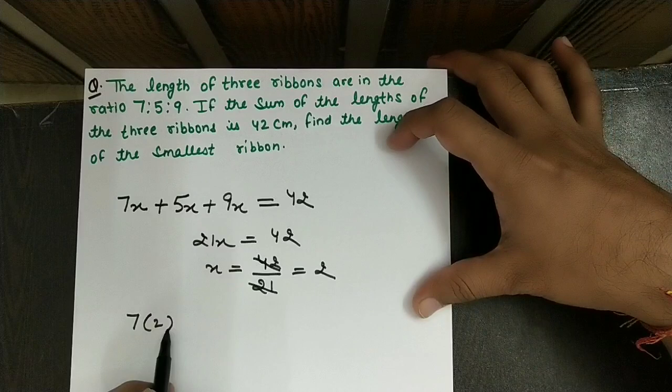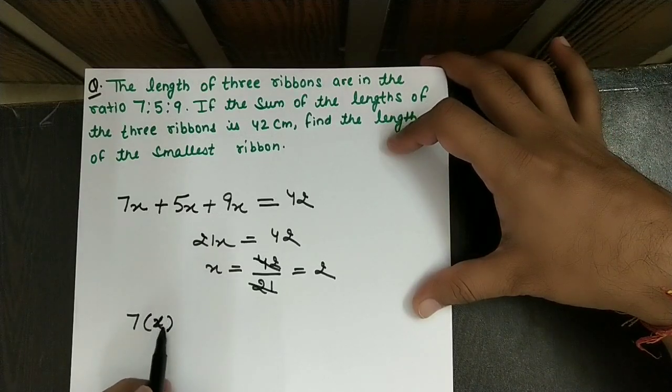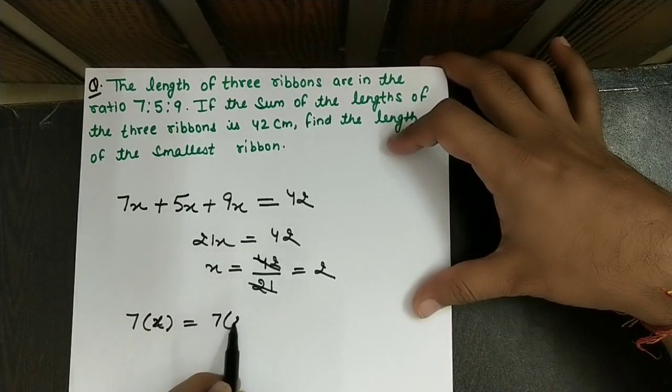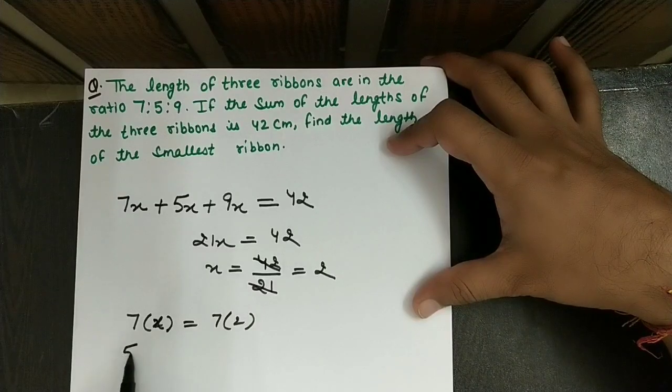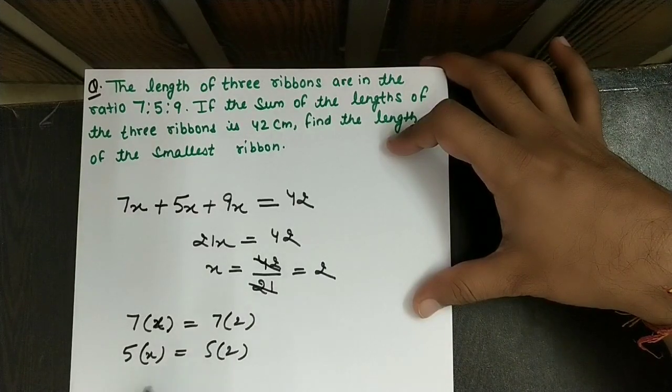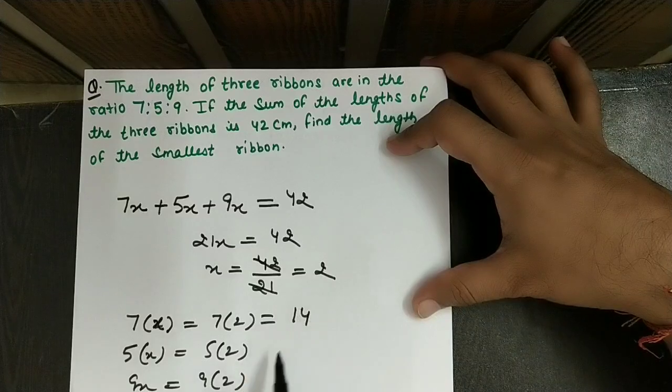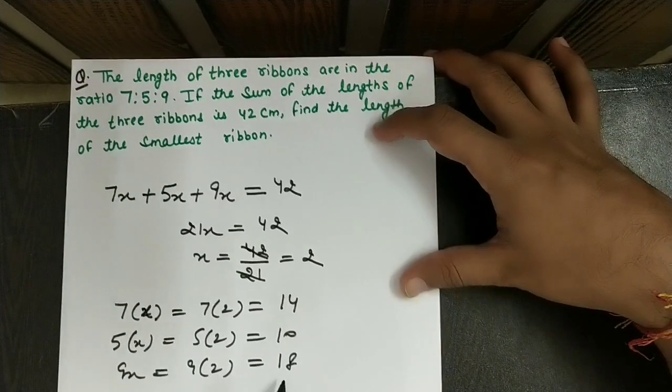The second one is 5x, that means 5 into 2. The third one is 9x, that means 9 into 2. So here it is 14, 10 and 18.